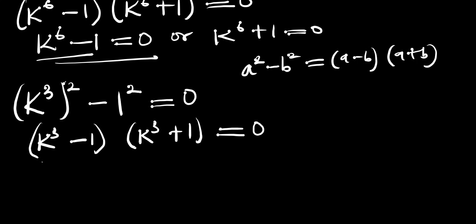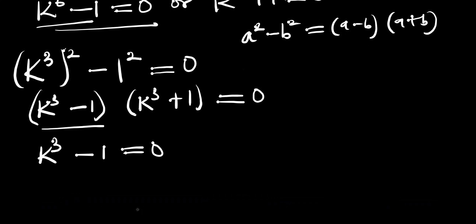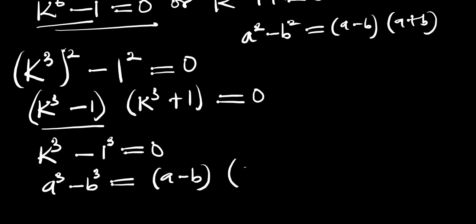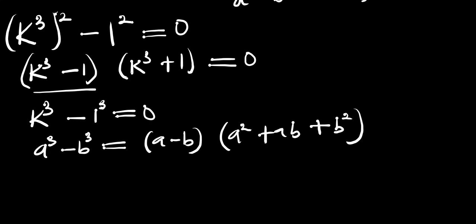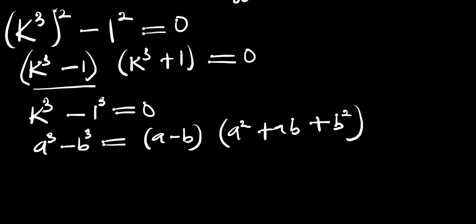Now let's consider the first one here. So we can consider k^3 - 1 = 0. Now what do we do? We make use of this identity: if you have a^3 - b^3, this equals (a - b) times (a^2 + ab + b^2). So where we have a, we insert k, and where we have b, we insert 1.